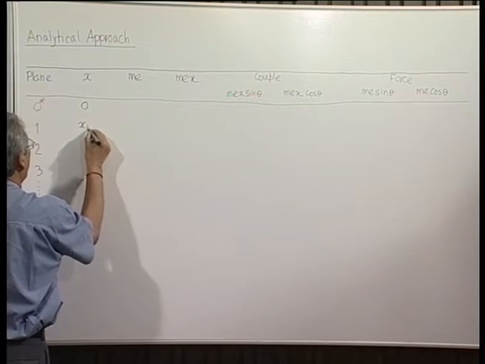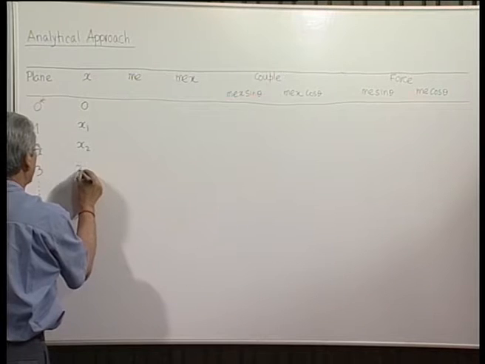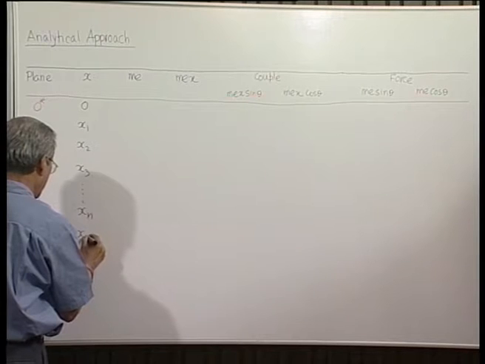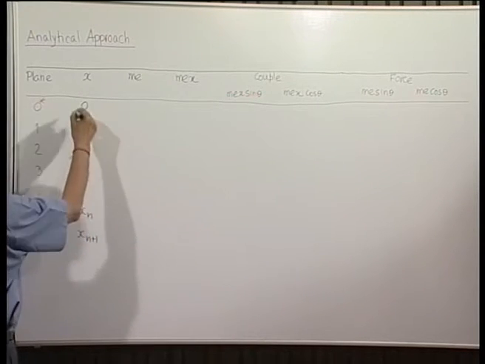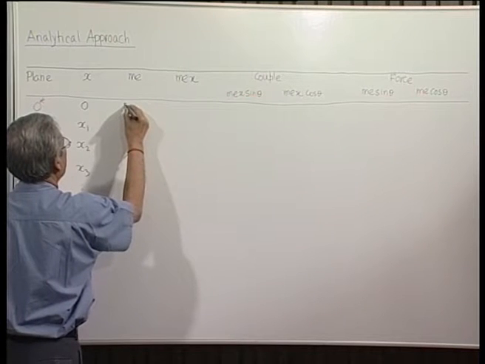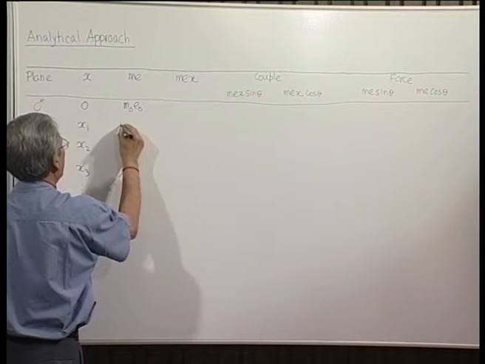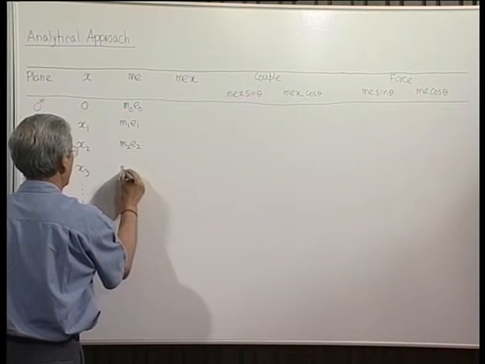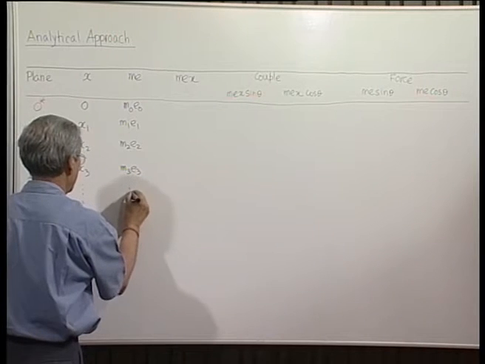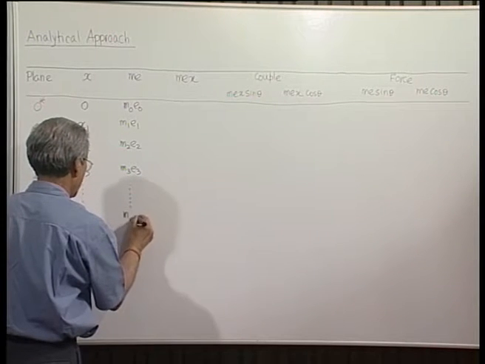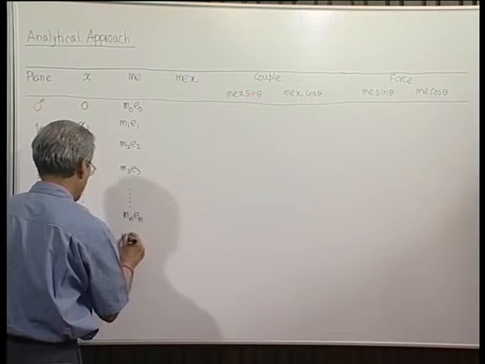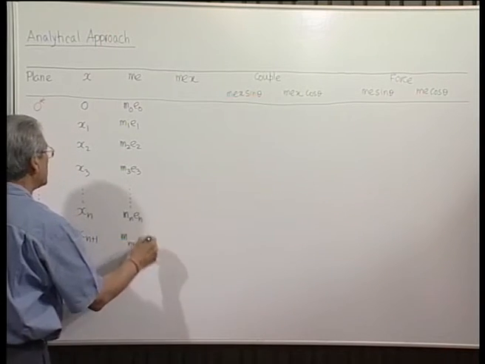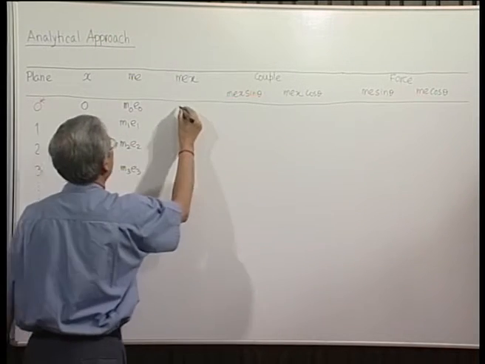In this case, it will be x 1, x 2, x 3, x n and x n plus 1. All these quantities are known, no problem. Here it is m 0 E 0, m 1 E 1, m 2 E 2, m 3 E 3, and what you have to determine is this and this. Here it will be obviously 0.